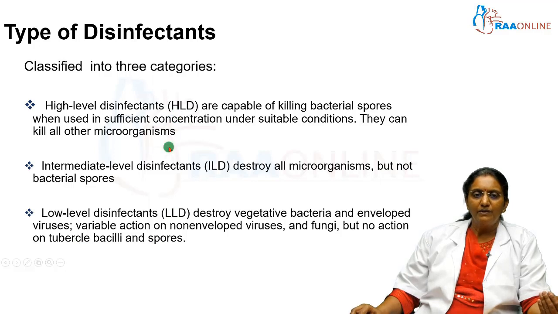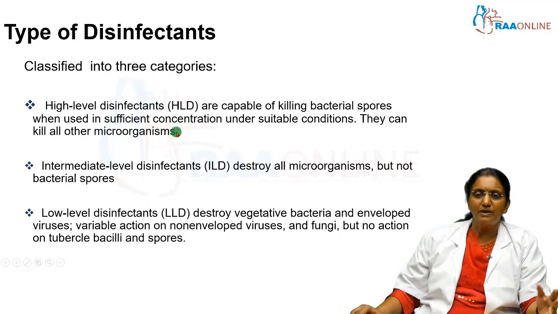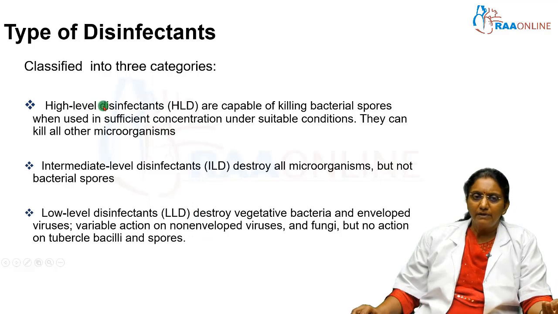So this classification of disinfectants is based on whether they are able to kill spores or not, and second, their effect on the TB bacteria. High level disinfectants will kill all the microorganisms including spores. Intermediate will kill all the microorganisms but not the spores. And low level disinfectants will kill the vegetative bacteria and enveloped viruses, but will not have any action on spores as well as tubercle bacteria. So that is the classification.